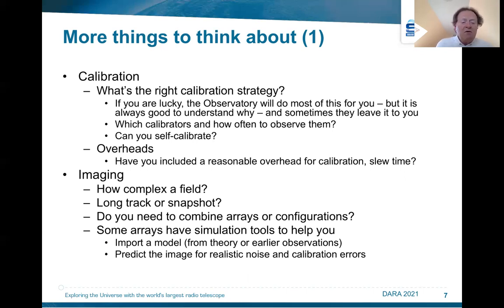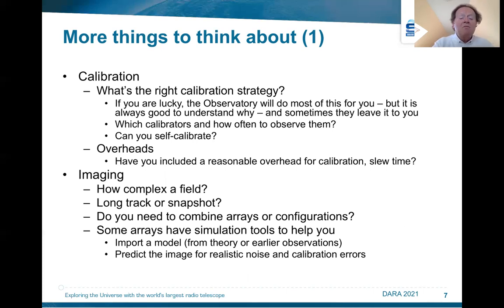Then another group of points concerns imaging and whether the interferometer and the length of an observation is appropriate to making an image of the quality that you need. And so this comes down to how complex the field is compared with the coverage that the telescope provides. You need to decide whether you need a long track or a short snapshot to do the imaging that you need.